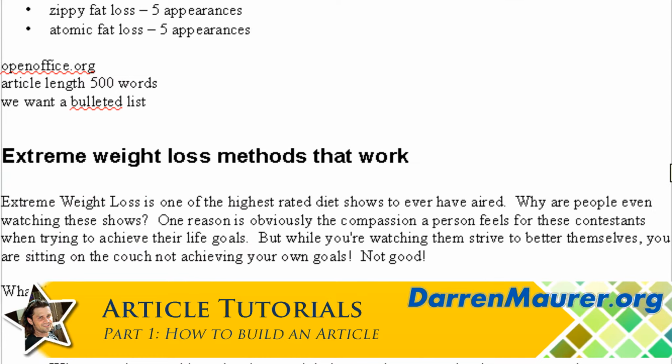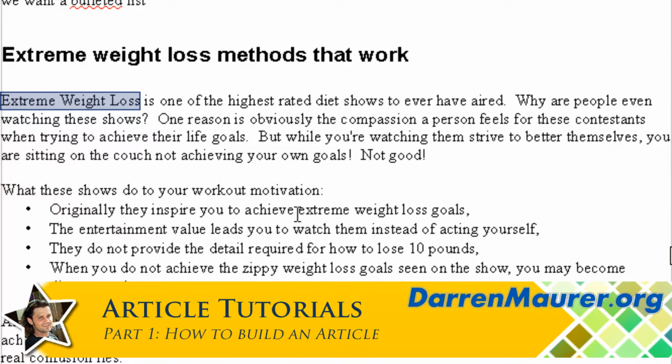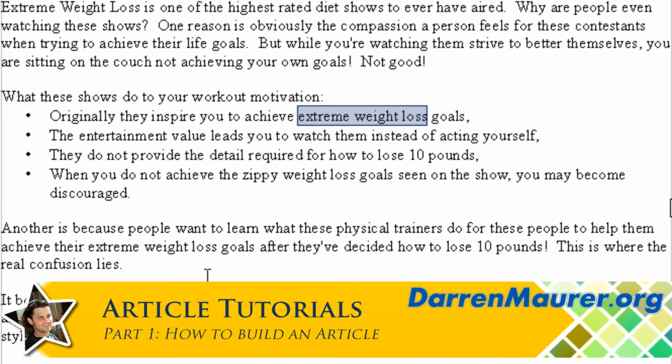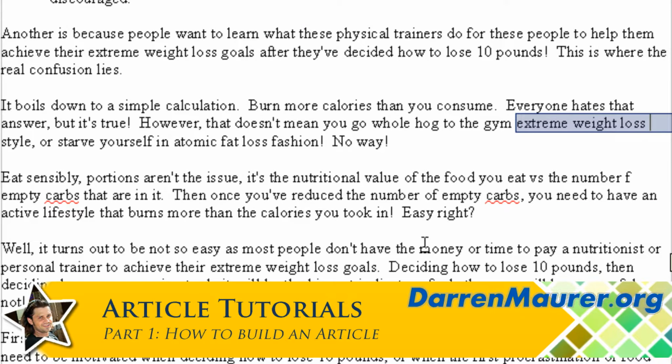So as we can see, extreme weight loss methods 1, extreme weight loss methods 2. Let's keep looking down here. Extreme weight loss 3. Extreme weight loss 4. Found a spelling mistake. That's good.